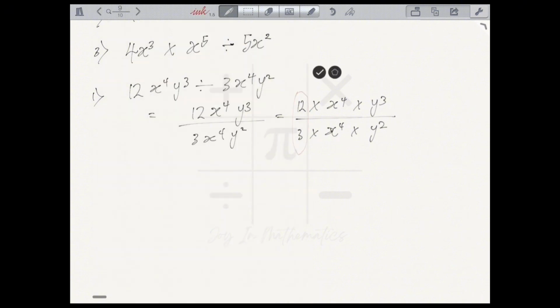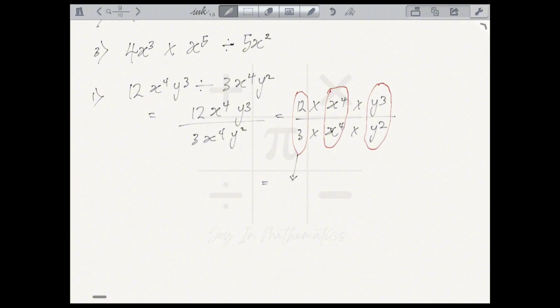So, we know these are integers. We know this is x raised power 4. This is the base x, okay? And likewise, this is for the base y. So, we take them one at a time and then we simplify.